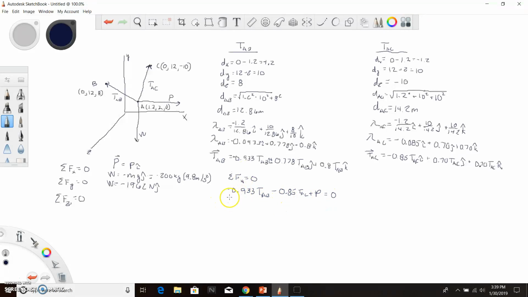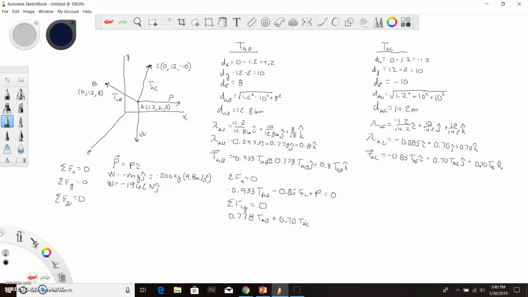Now the equation for the sum of the forces in the y direction equals 0. For TAB, the y component is 0.778, and for TAC it's plus 0.70.